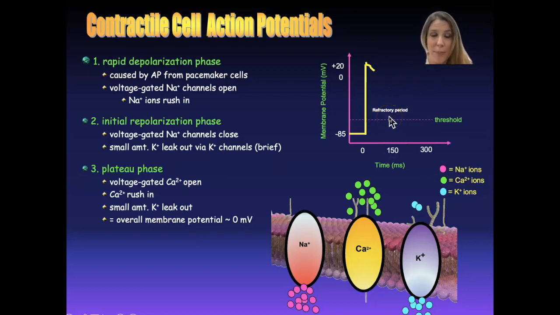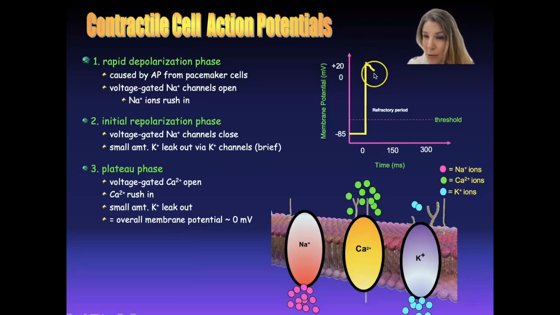Why does this happen? You've been having this leakage of potassium going to the outside, but now when you get to 0, that calcium channel is going to open. And when the calcium channel opens, all these calcium cations from outside the cell are going to rush inside the cell and make it positive very fast.